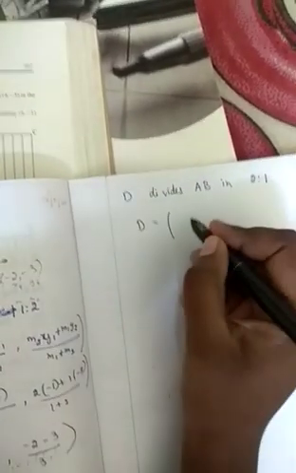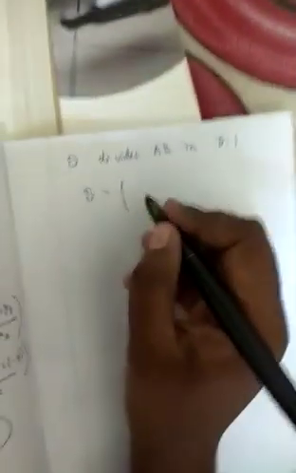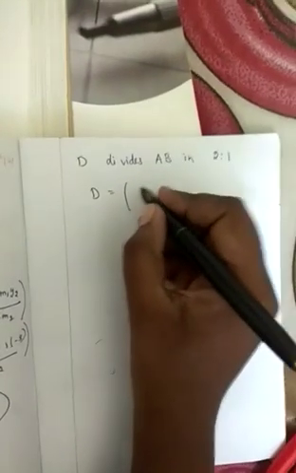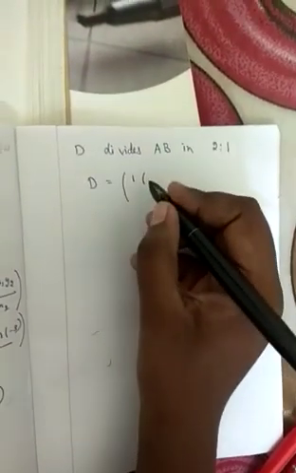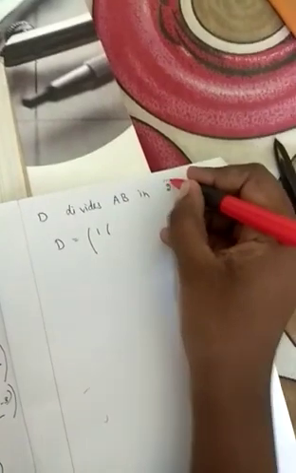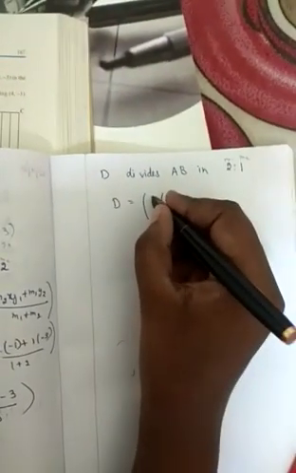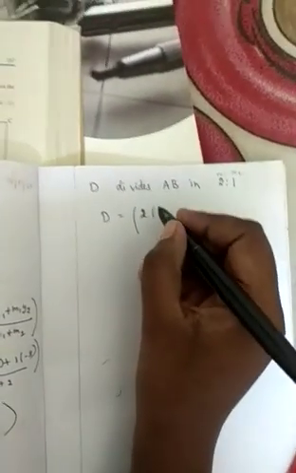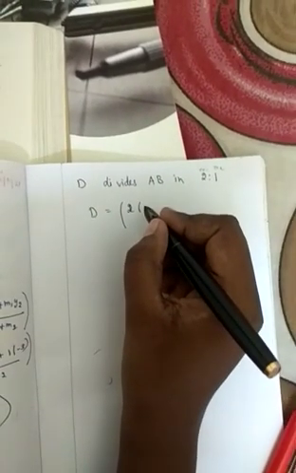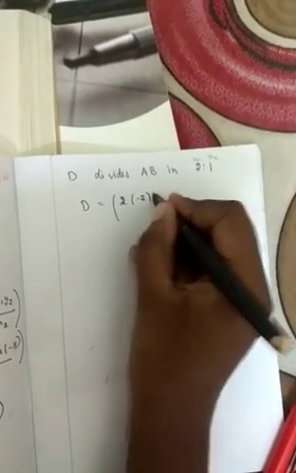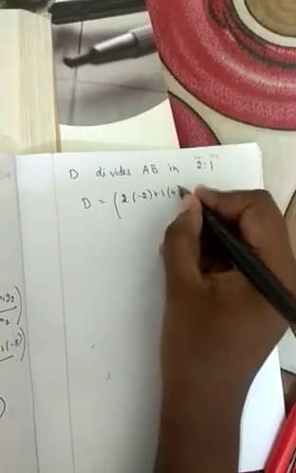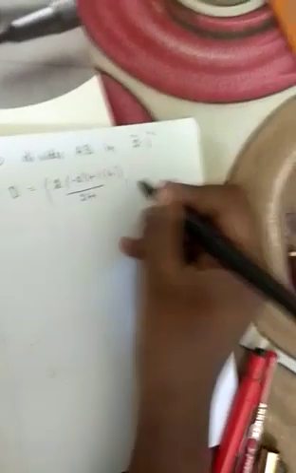I'm doing it fast because the video is becoming big. m1 is 2, and x1, x2 are the same as before because AB is the same. So m1 into x2, which is -2, plus 1 into 4, divided by 2 plus 1.